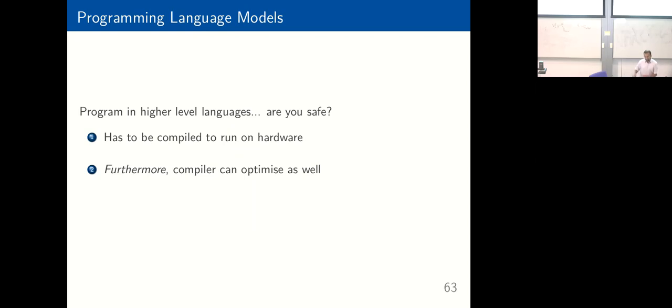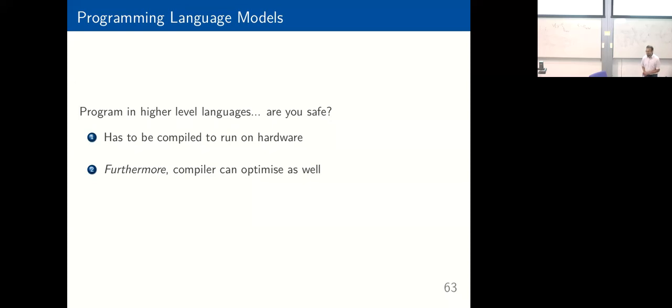But let's leave aside that problem for a bit. Let's imagine that the world is great. We have sequentially consistent hardware in our back pockets. What then? Well, even then, you are in trouble. The reason you are in trouble is that your compilers are conspiring against you.